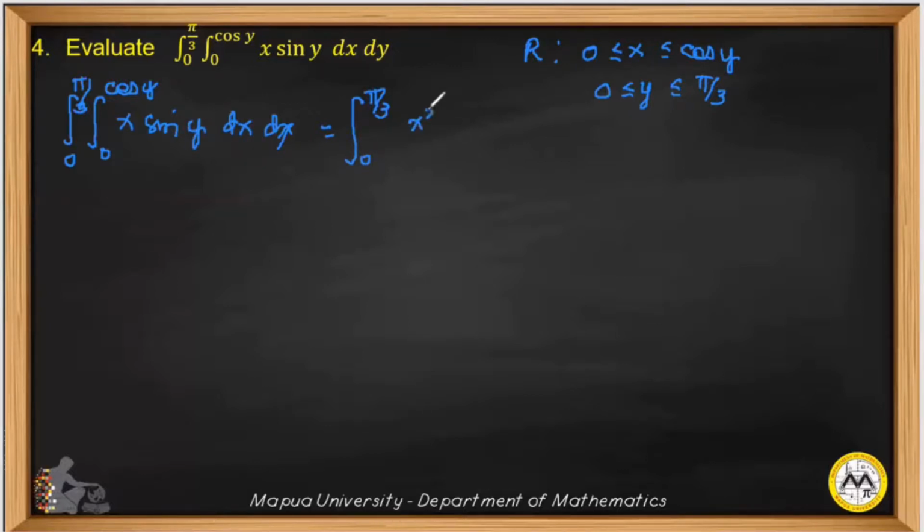So x squared over 2 times sine of y, and this must be evaluated from the lower limit x equal to 0 to x equal to cosine of y, then dy. Now we can also write the constant 1/2 before the integral sign.